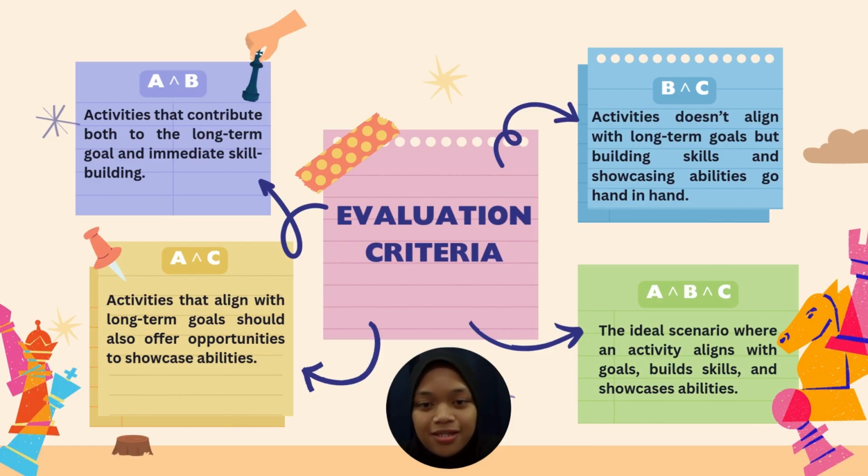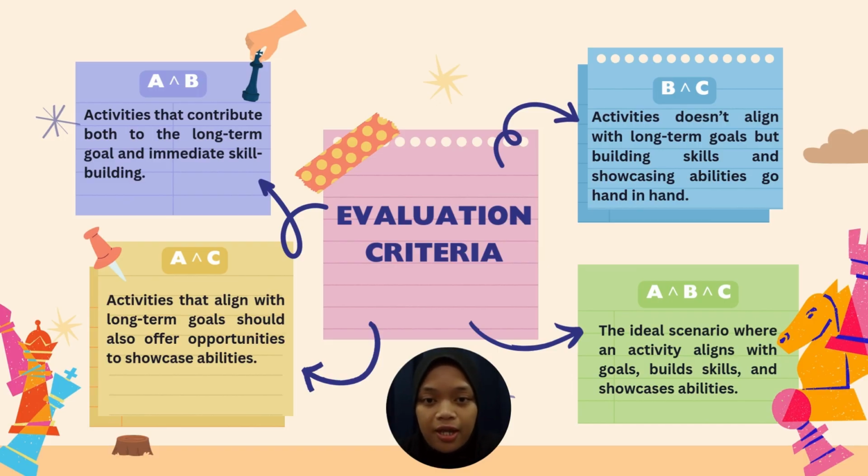For B and C, next, there are activities that may not align with long-term goals but focus on building skills and showcasing abilities. While this may seem less strategic, they can still be beneficial for personal growth and creating opportunities in the short term.